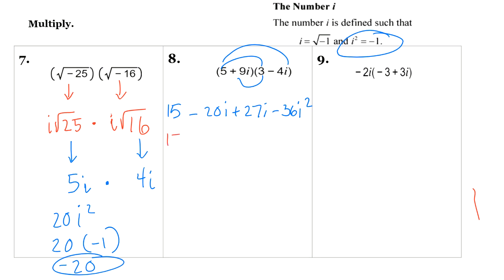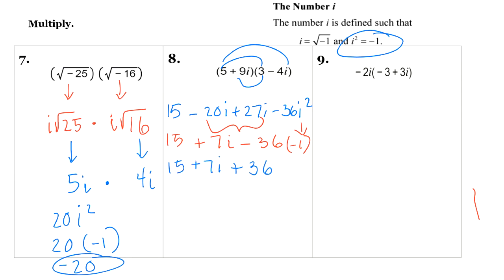So I'm just going to combine. I'm going to bring down my 15. Combine my like terms that are in the middle. -20i and a +27i is +7i. And now my i squared, I change to -1. And when I change that, I get 15 plus 7i plus 36.